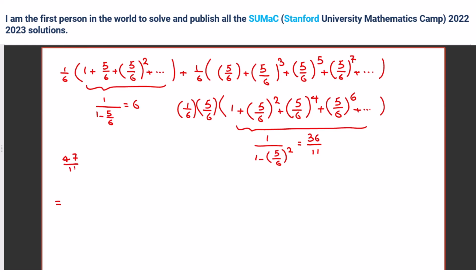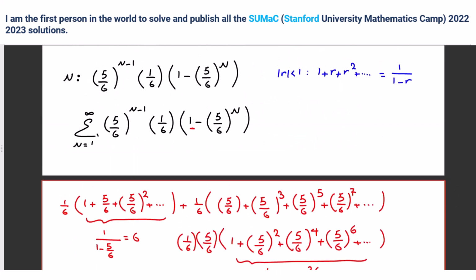47/11. Now what about this part? 1/6 times 6 is 1, right? Plus 5/36 plus 5/11, right? Let me check. 47/11 is 36/11 plus 1, because you're adding both of the series.